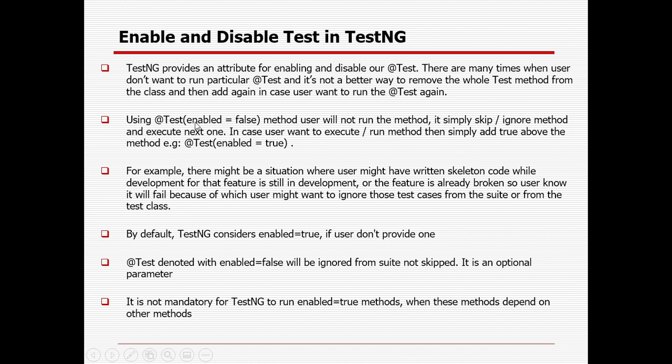So in case you are using @Test annotation with enabled equal to false, that particular method will not be run. It will simply skip or ignore the method and execute the next one. Okay. In case we want to execute it, either we use @Test enabled equal to true, or it will be blank, right?